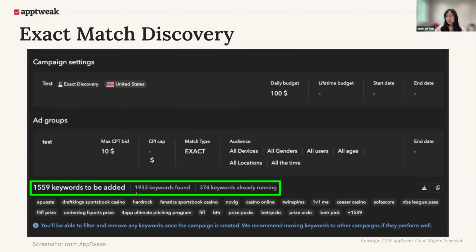In this example, it found over 1,900 keywords. We've identified 374 that are already running, so a little over 1,500 keywords need to be added. I really want to emphasize that this takes the manual work out of this, because if you can imagine having to do keyword research manually for all of your competitors, that's a huge time suck.